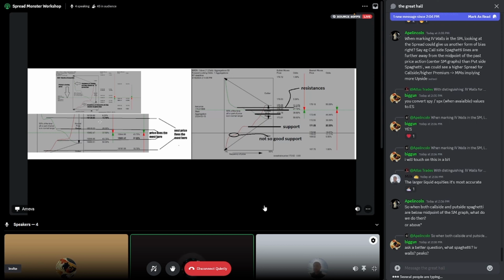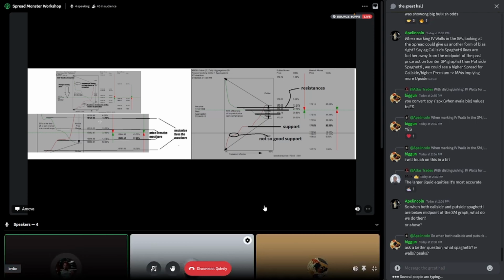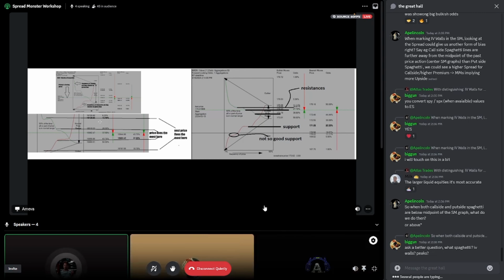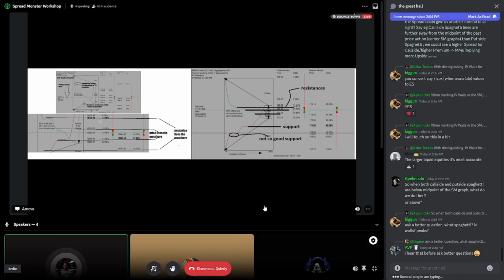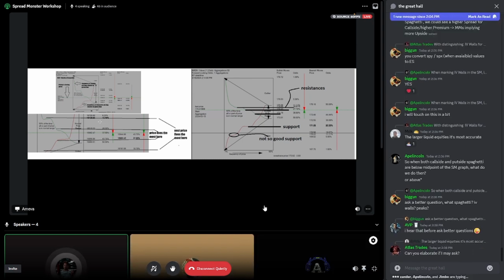The levels from the density graph, the volatility graph, and the odds graph are similar, and some levels you might see are actually the same. So basically, all these three graphs are just trying to show data with a different visual. And if you're trying to use Spread Monster to its extreme level, you just need to use all these three things we just mentioned.